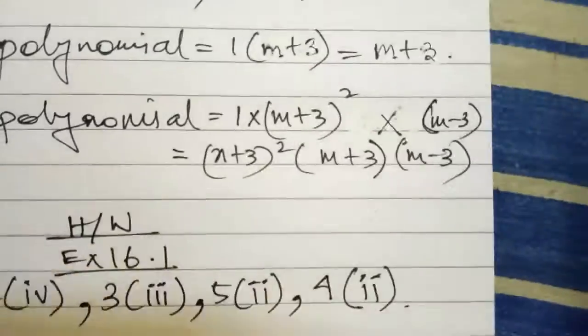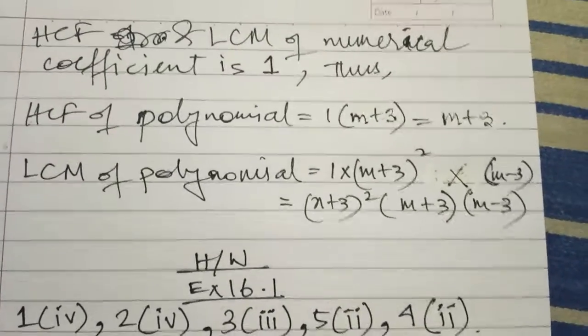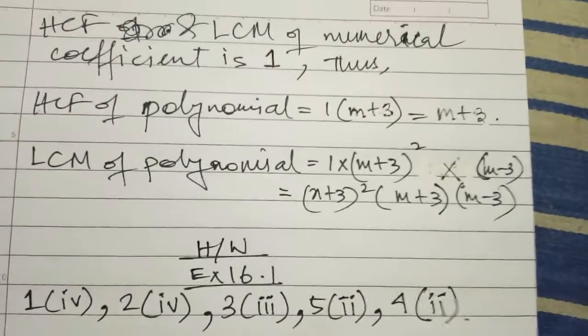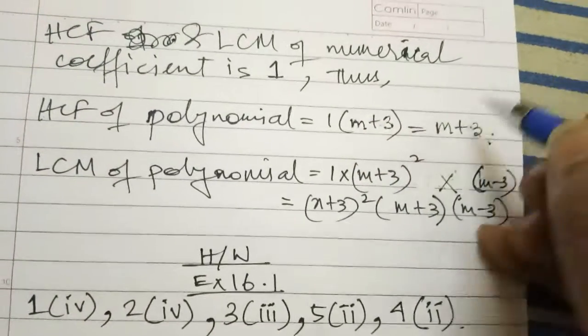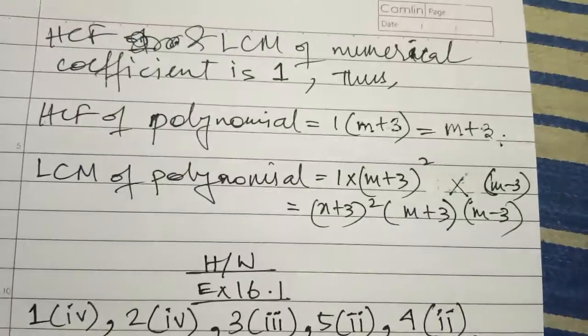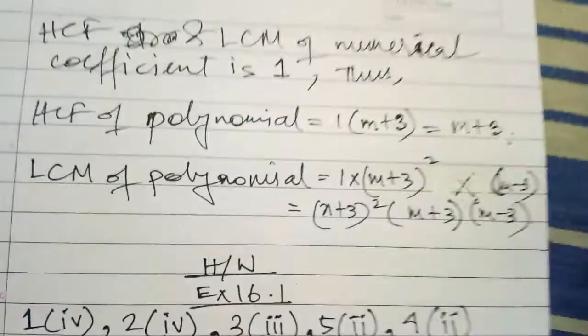HCF, what is written? See, HCF and LCM of numerical coefficient is 1. Thus, HCF of polynomial, what will be? 1 into m plus 3, what is written? m plus 3 only. Clear? Because we have seen that both are having m plus 3.